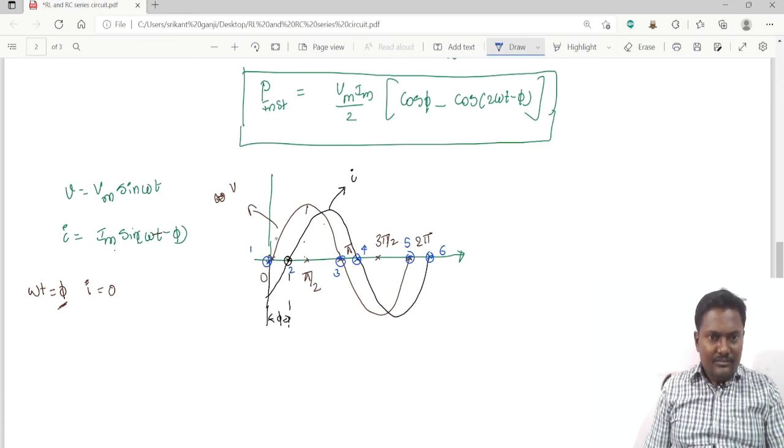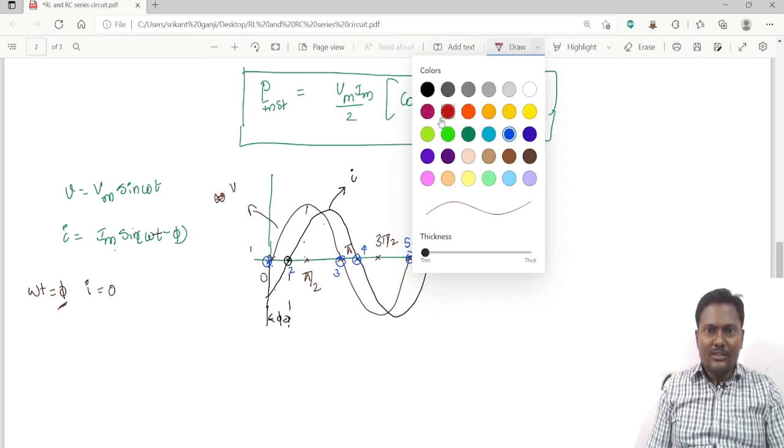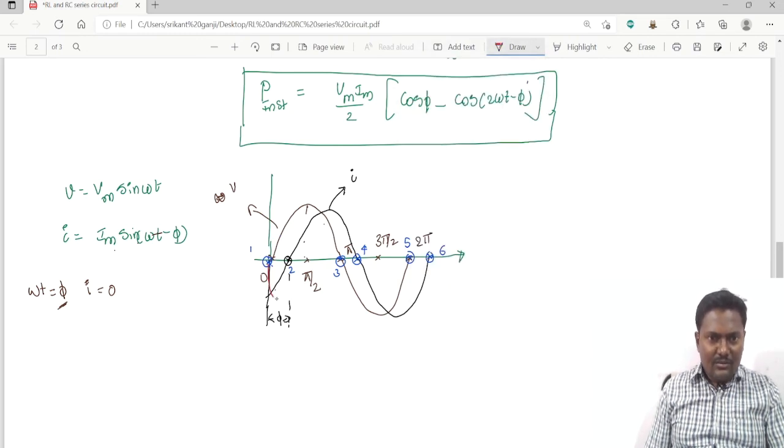Here the voltage waveform is positive, but the current waveform is negative. Positive into negative is negative. So I am getting the waveform like this. Here positive into positive is positive maximum, and again at the third position it will be 0. The waveform is like this.